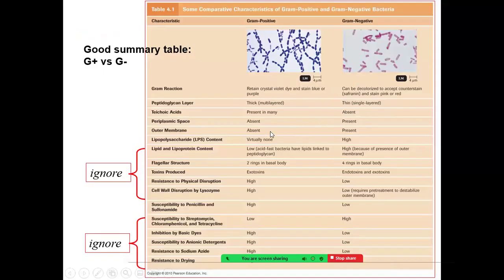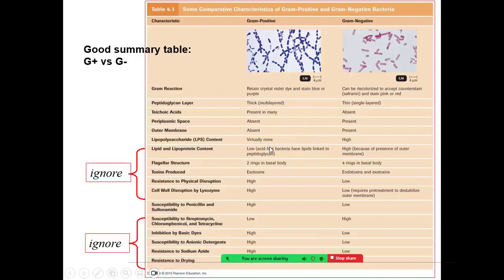You don't really need to know about the periplasmic space. That's the area of the cell where, in the gram-negative cell, it's the region between the outer membrane and the cell membrane where the peptidoglycan layer is. And that's only found in the gram-negative cell because, of course, in the gram-positive cell, there is no outer membrane. The outer membrane absent in a gram-positive cell, present in a gram-negative cell.